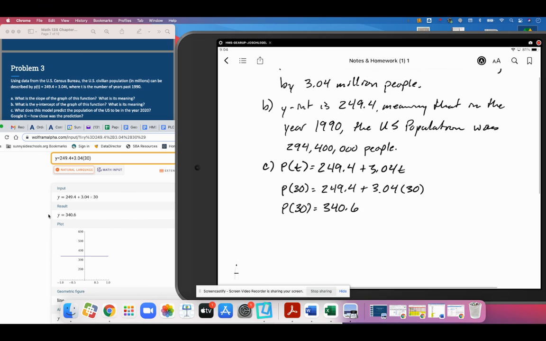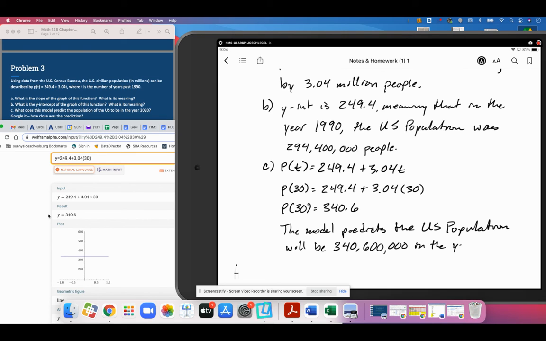So the model predicts the US population will be 340,600,000 in the year 2020.